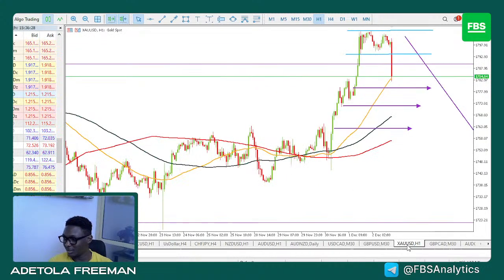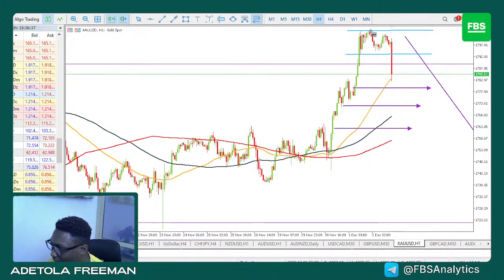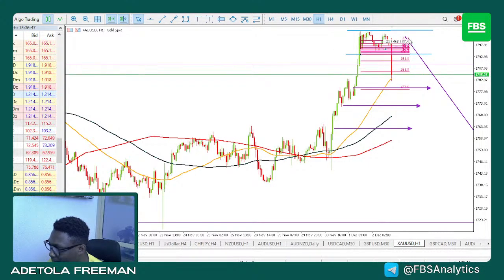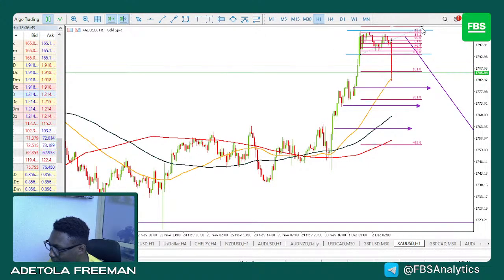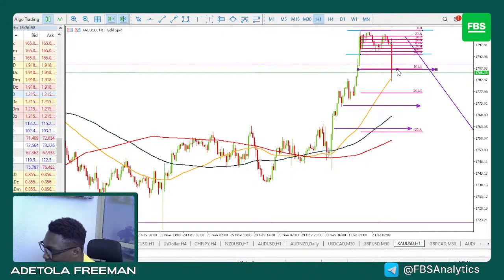Okay, so if you come back to gold, you see that gold is kind of struggling, but nonetheless, I'm pretty certain that we are going to get to our TP1. This should have been our TP1 on gold, right over here.